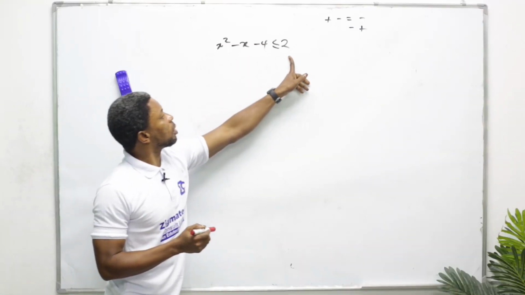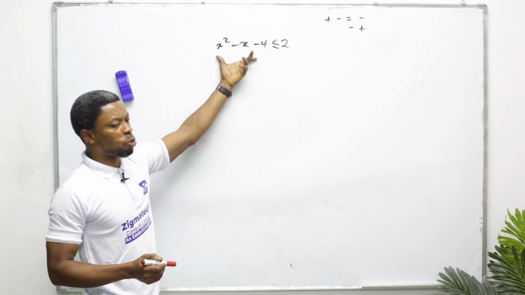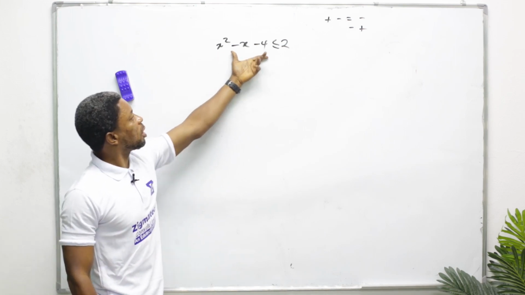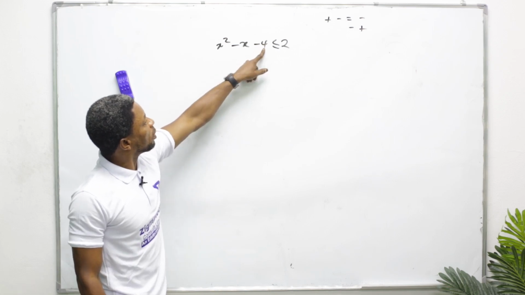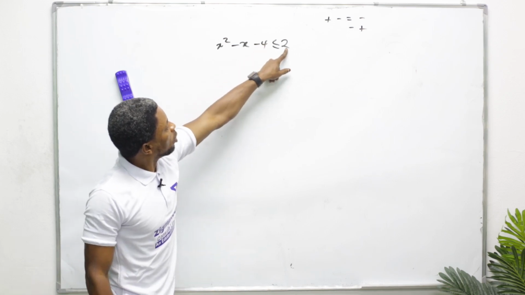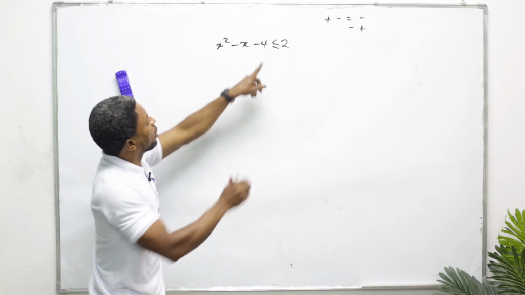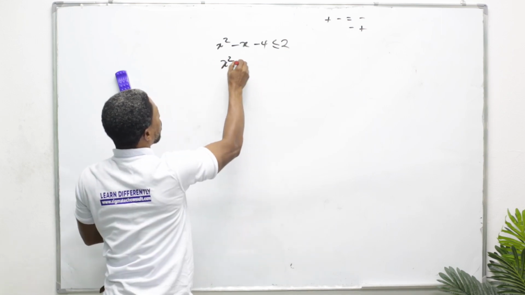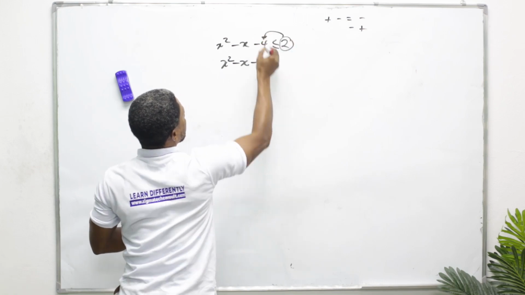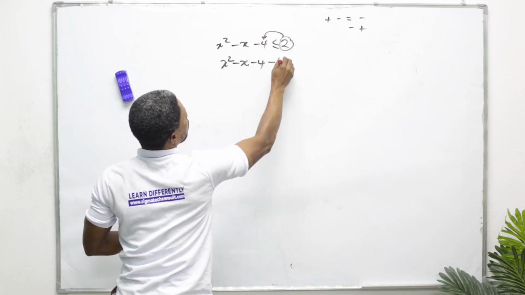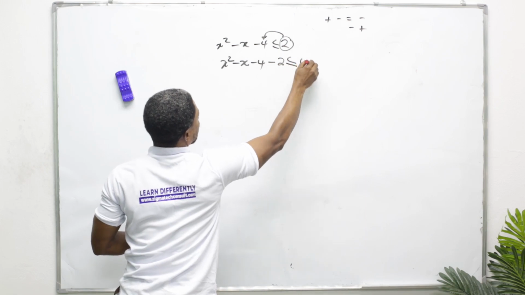This is still an inequality, but it is a quadratic inequality. So what I'm going to do is remove minus 4 from here, or bring your 2 to this side. That means you are going to have x squared minus x, bring this to this side, that becomes minus 2 less than or equal to 0.